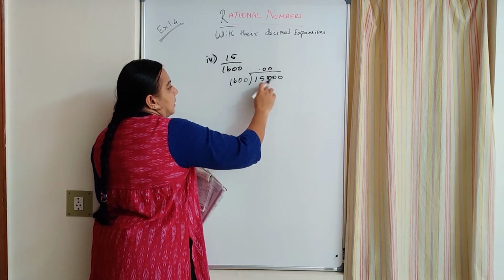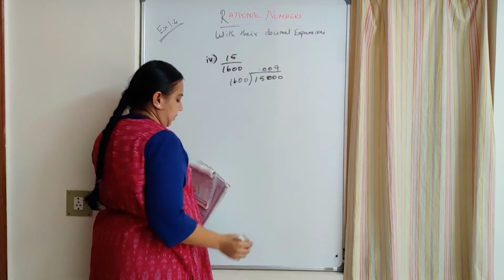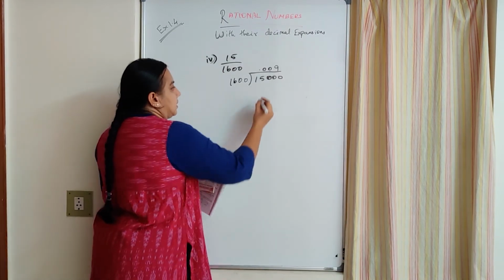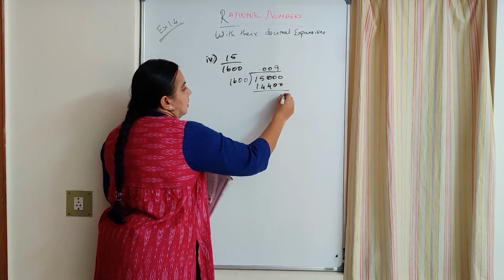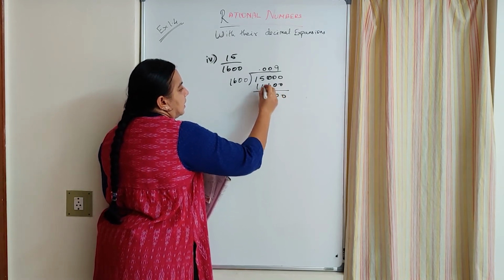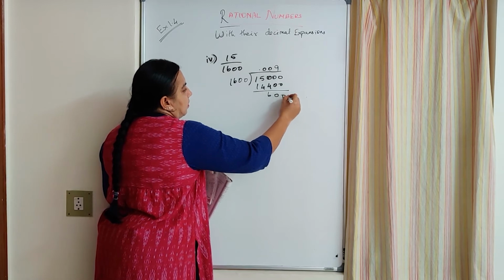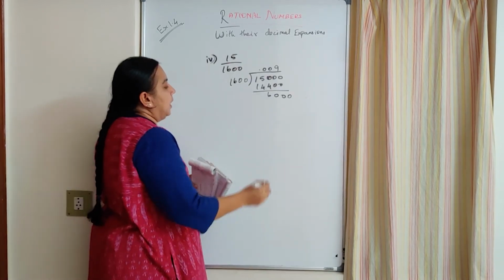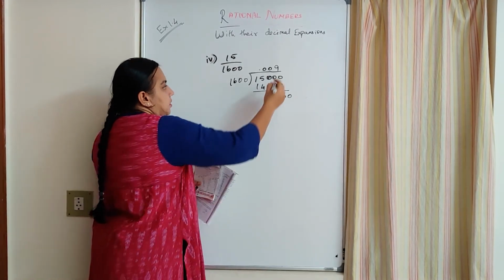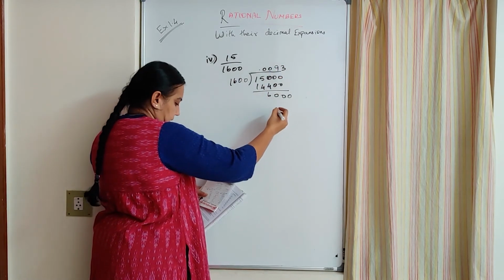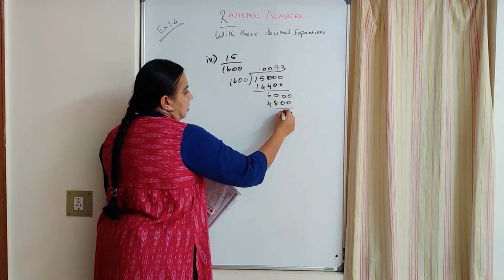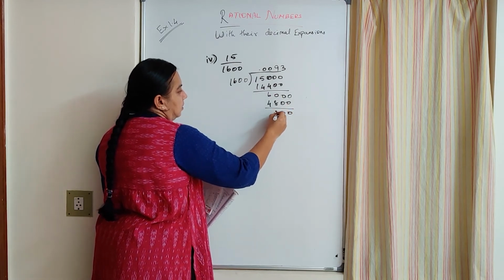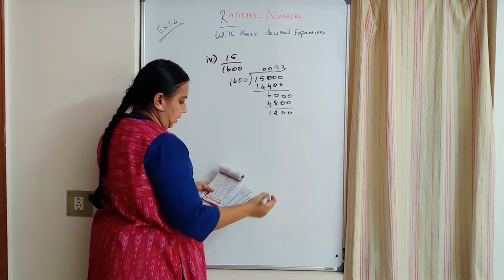So I consider all the 3 zeros, and it comes for 9 times, and it sums up to 4, 0, 0. So when I subtract 6, that's it, and one more 0 I'm bringing from the middle. And when I divide again, it comes for 3 times 1800, remainder 2, and here 1.